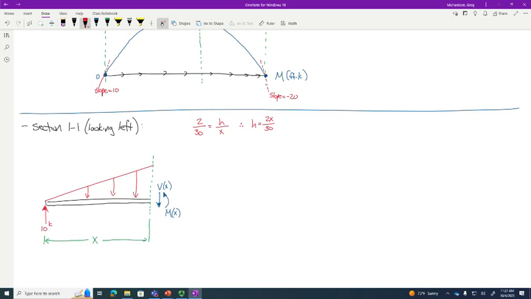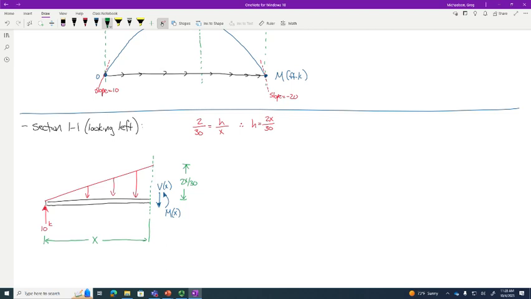So I propose that this height right here is 2x over 30. An easy way of testing that: if x is 0, what is the height? If x is 30, what's the height? It's 2, right? So at the beginning of the beam it's 0, and at the end of the beam it's 2. Isn't that what it's supposed to look like? So there we go.